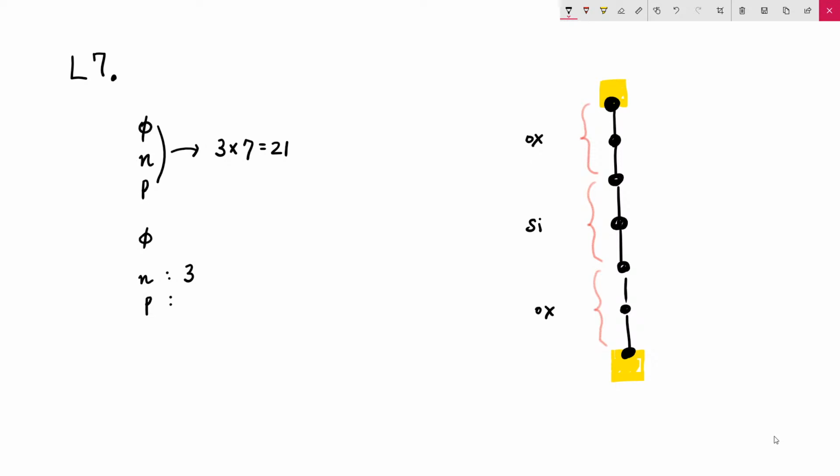Then you will have 3, 3, 4. This is the silicon region, and we will have 7. And you remember that the number becomes just 13 instead of 21. So that will be a good way to reduce the number of unknown variables.